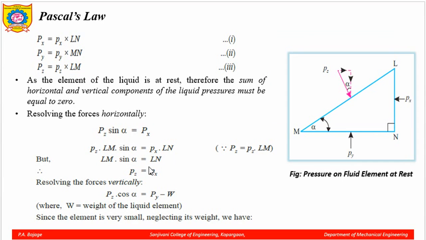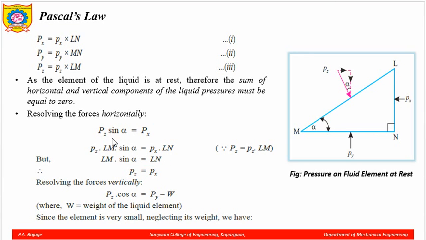So, by this we can write pz is equal to px, because this Px Ln you can see is Px, whereas Lm into pz is Pz. So, we get pz equal to px.